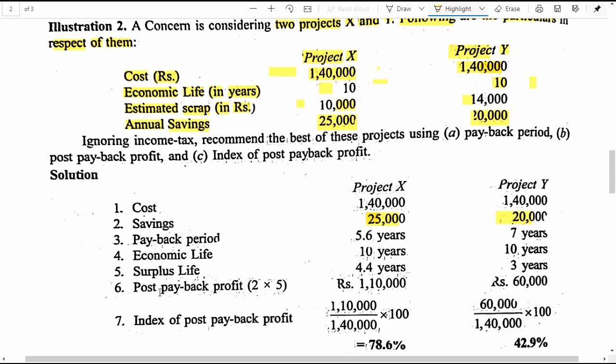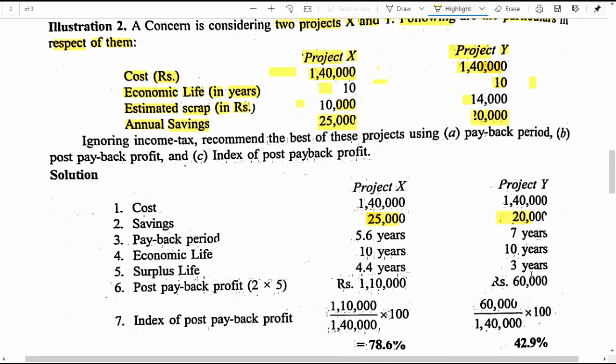Now let us look at the surplus life. The total life of project X is 10 years, whereas 5.6 years is its payback period. Therefore, 10 years minus payback period 5.6 years, the balance of the life of project X, which is 4.4 years, is the surplus life.